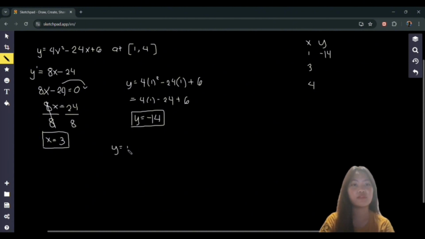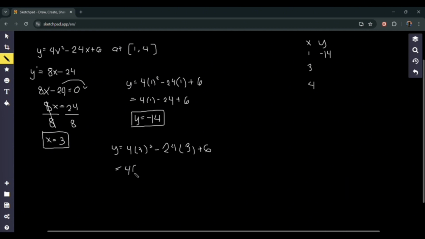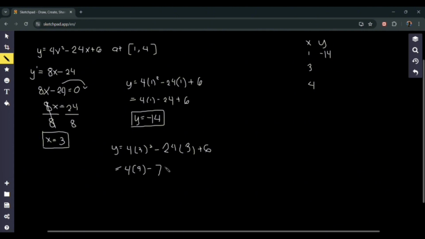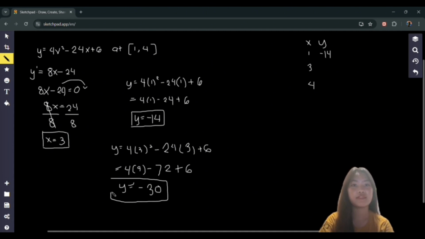Substitute again the value of x to the given equation. Y is equal to 4 times 3 squared minus 24 times 3 plus 6. Then solve. You'll get negative 30.